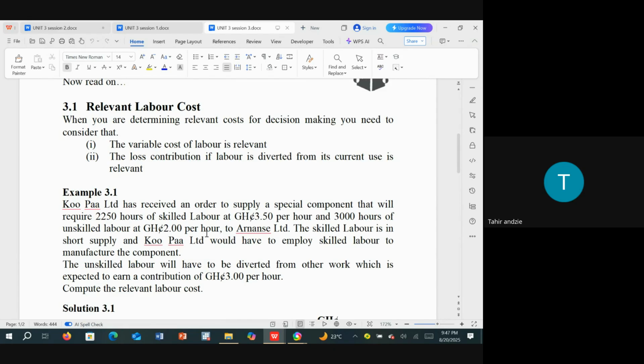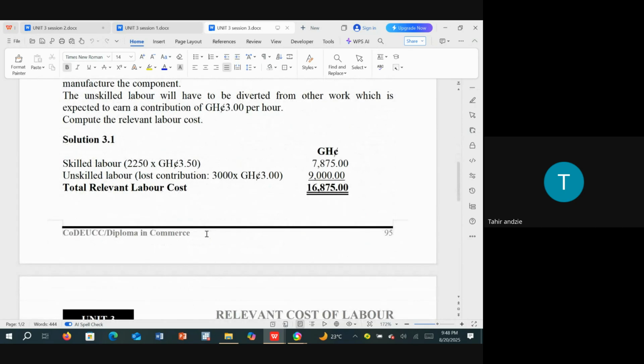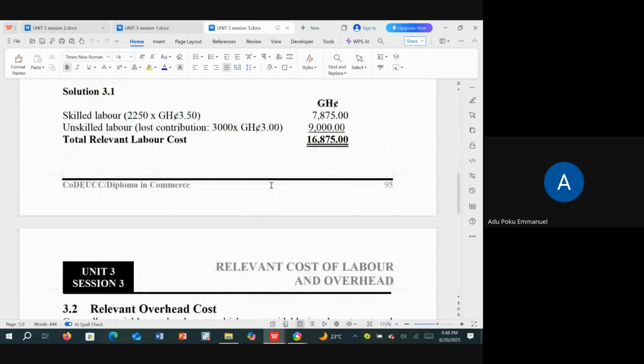So if we divert them, our lost contribution will be 3 cedis by the number of hours. So the relevant cost of the unskilled labor becomes 3,000 times 3 Ghana cedis, which is the lost contribution per hour. Do you all understand? Yes, sir.